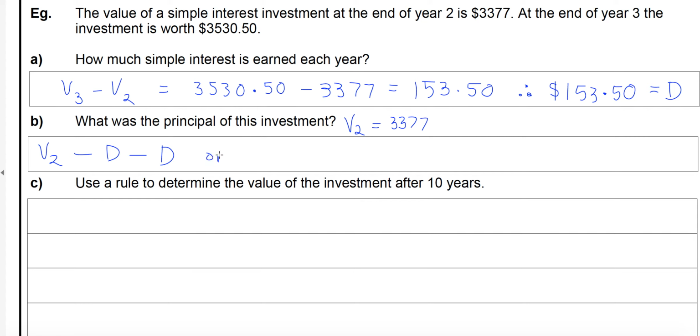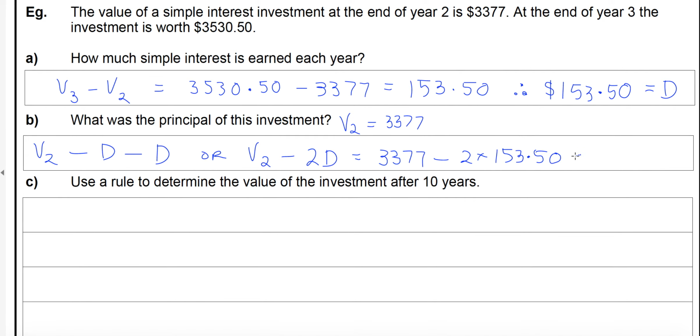So in other words, we're doing V2 take away 2 lots of D, or 2 times D. So 2 lots of 153.50, and we get 3,070.